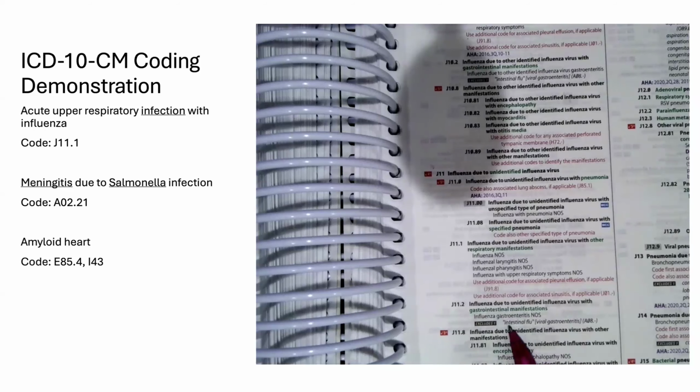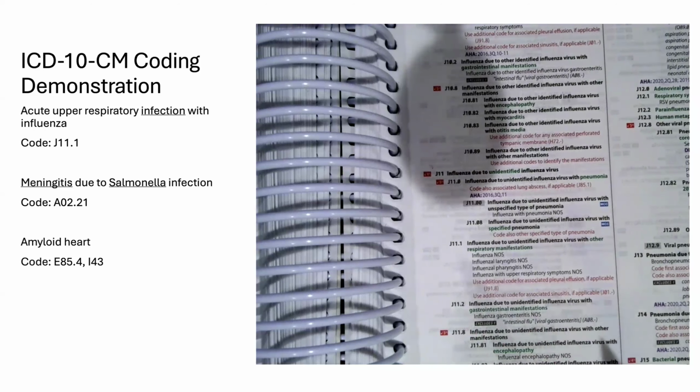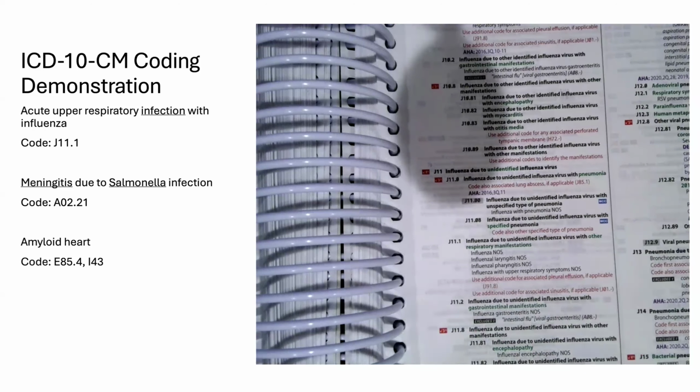Instead of coding it here, you're going to go code it over here. That's what that excludes 1 means. You don't code it here, you code it there instead. These are some of the things that you're going to find in the tabular list. So that was acute upper respiratory infection with influenza.